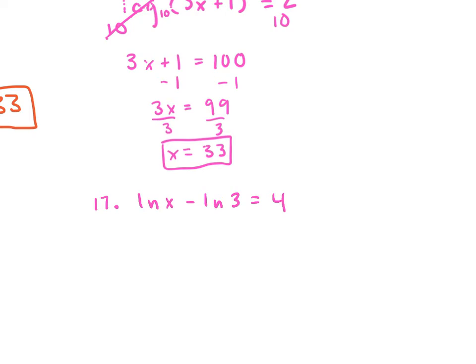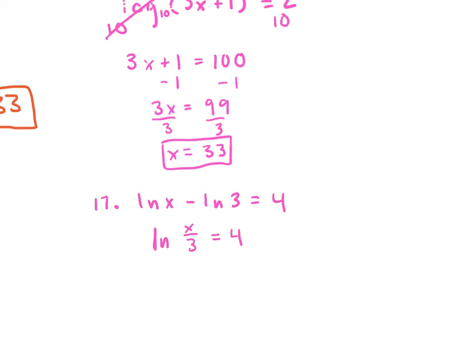Division. So we have the ln of what? X over 3 is equal to 4. So we just condense the left side. Now how do we get rid of that ln? You put an e on the bottom.